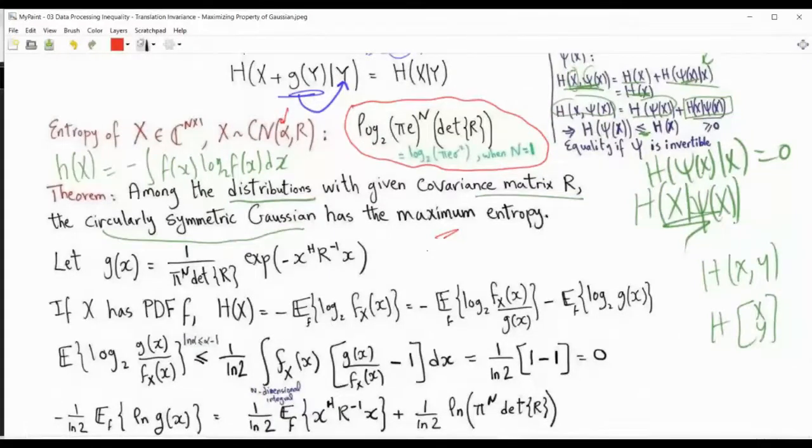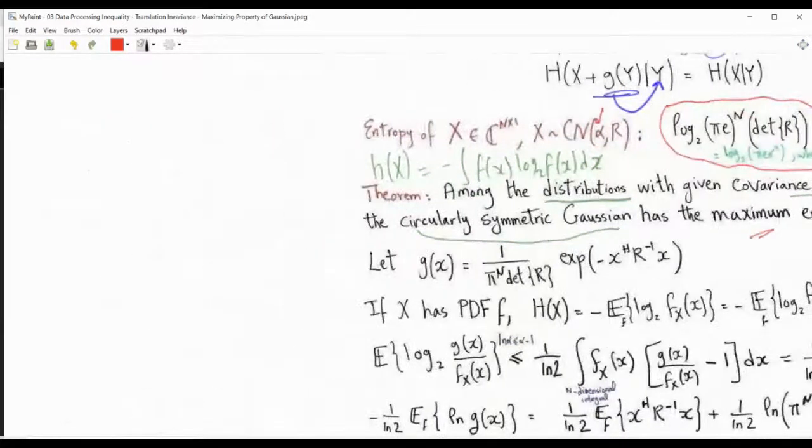Not that your optimization problem is that straightforward, because your unknown is the PDF itself. You want to maximize this here.